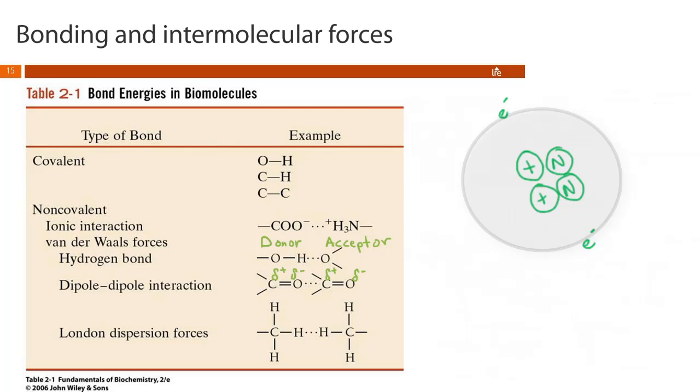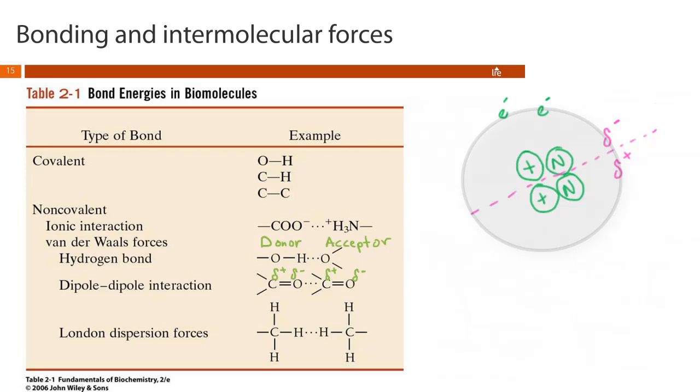But those electrons aren't in a fixed location. They're continuously moving. And at any one snapshot in time, we could have the 2 electrons fairly near each other. So we could move this electron up here. And if we freeze time and draw a line right through the middle, we're not going to have an equal distribution of charges. This is what we call an instantaneous dipole.